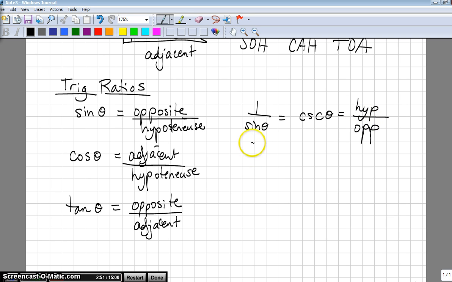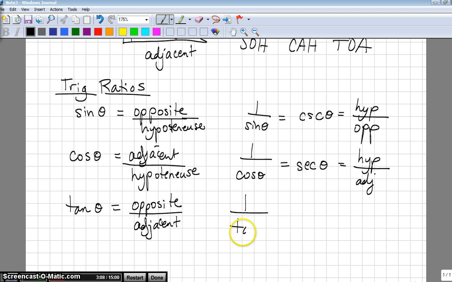We also have 1 over the cosine of theta, which is called the secant of theta, abbreviated SEC, and that is the hypotenuse over the adjacent. And then 1 over the tangent of theta, abbreviated COT, that stands for cotangent, is the adjacent over the opposite.